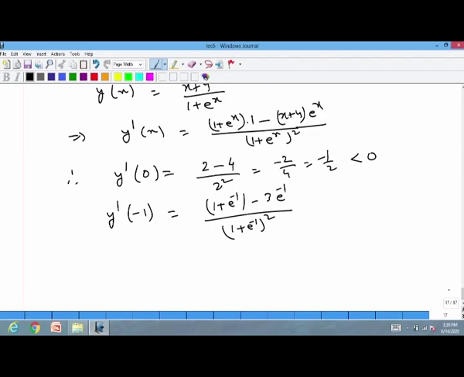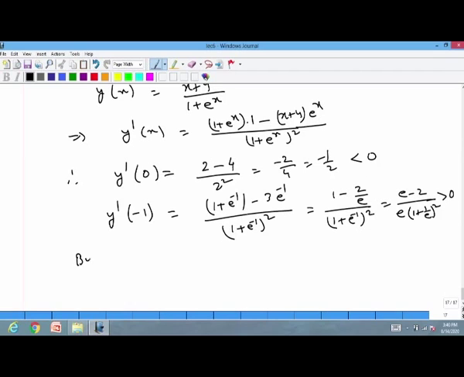We just have to see the sign of this. This is equal to (1 - 2/e) divided by (1 + 1/e)^2, which is (e - 2)/e times 1/(1 + 1/e)^2. Now, we know that e is bigger than 2, so this is greater than 0. So y'(-1) is bigger than 0 and y'(0) is less than 0.